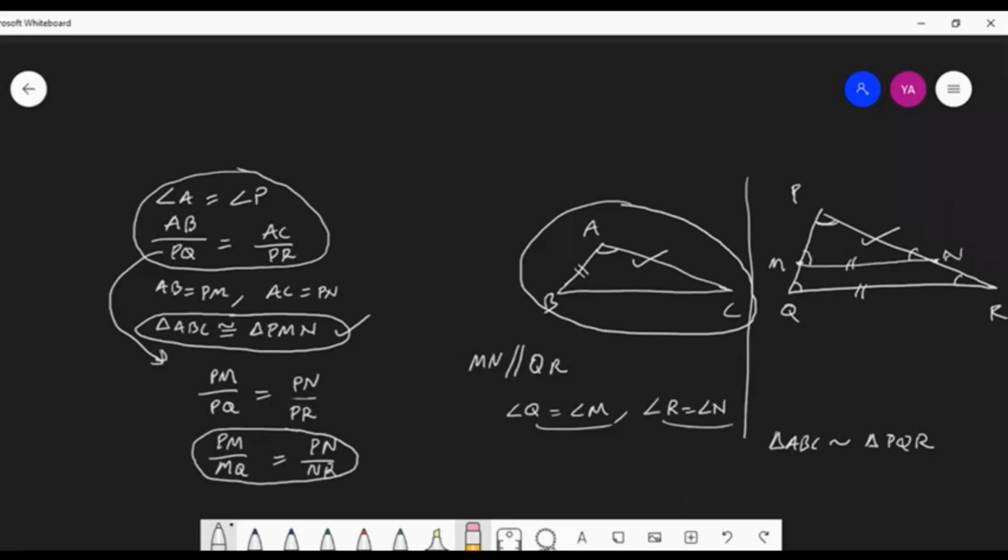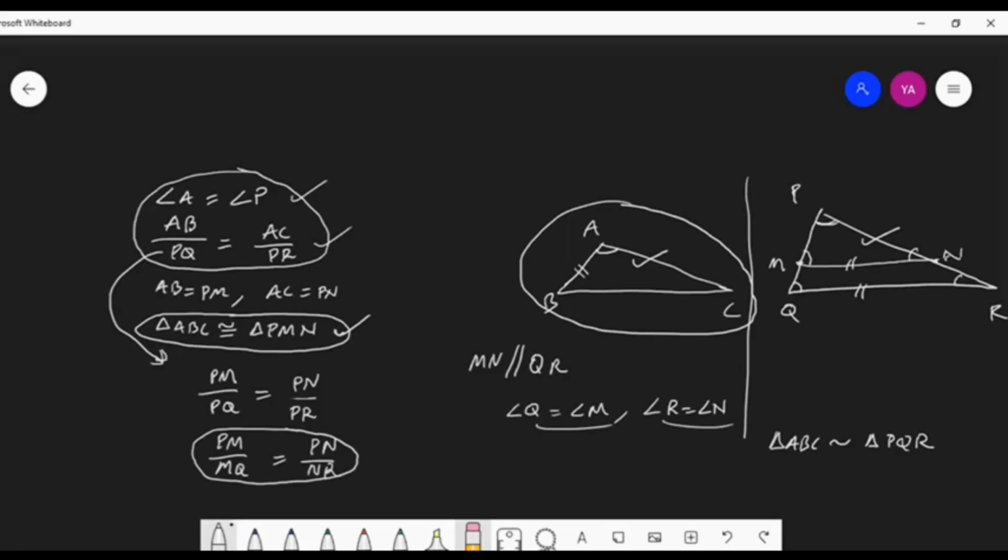So we brought two triangles here, namely ABC and PQR. Angle A is equal to angle P, we assume, and AB by PQ is equal to AC by PR. Then we want to prove that these two triangles are similar. To prove similar, we want to prove one of the criteria. Here we prove the first one, so we want to show that the angles are equal.